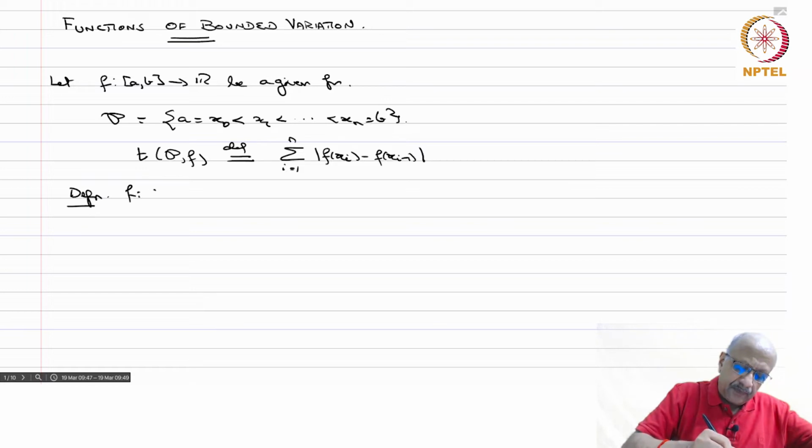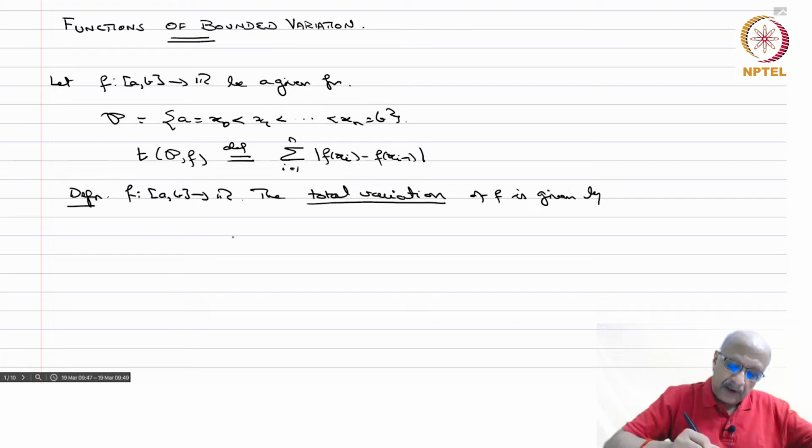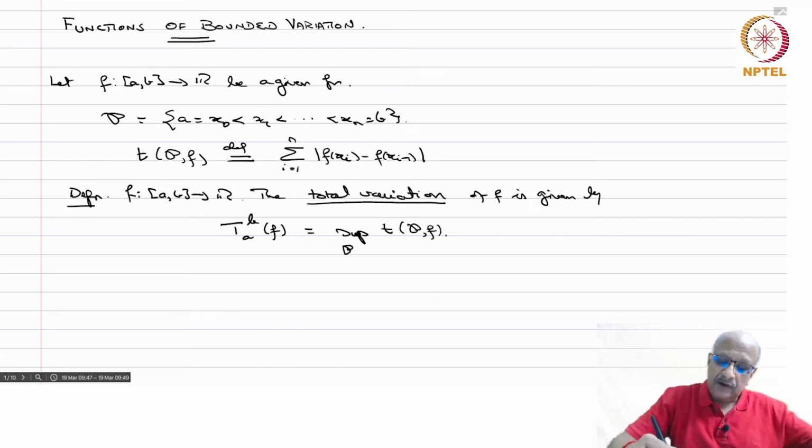Definition: f: [a, b] → R. The total variation of f is given by T_a^b(f). This is the total variation of f, which is the supremum of T(P, f) taken over all possible partitions.